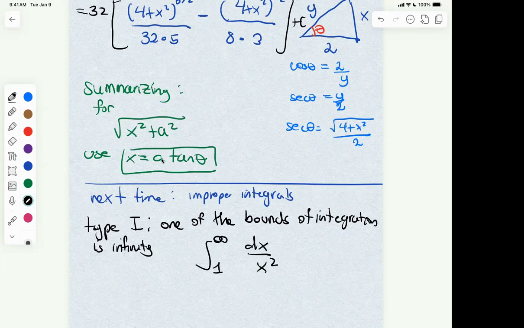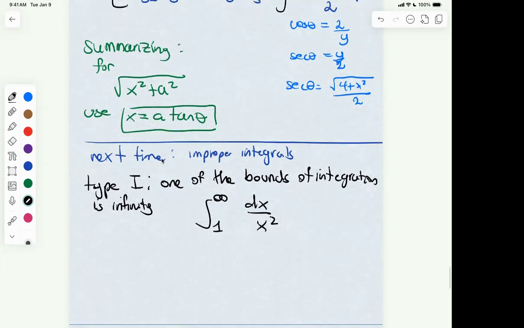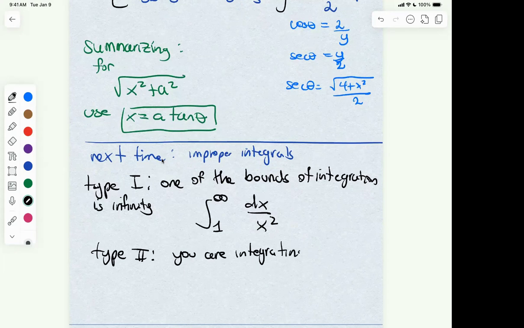And type 2 improper integrals is where the function wants to become infinity, or there's a vertical asymptote. In type 2, you're integrating close to a vertical asymptote, for values where a vertical asymptote is present.